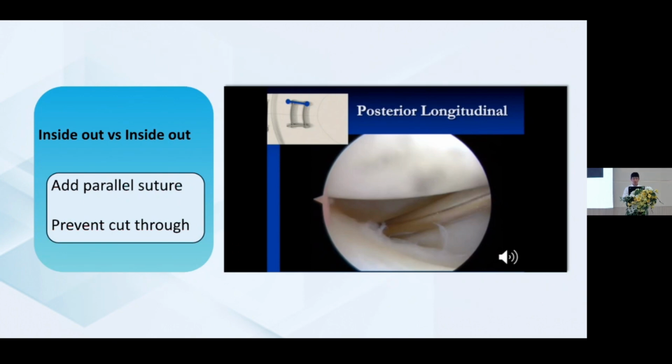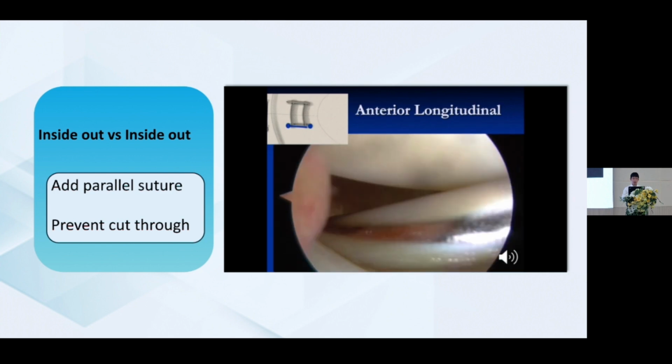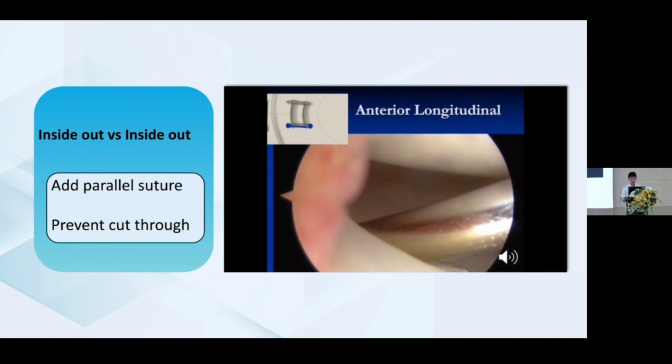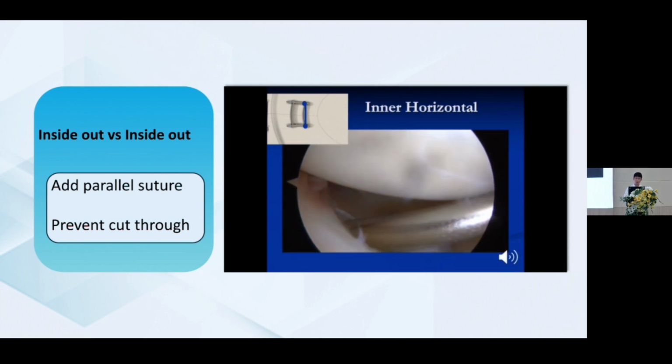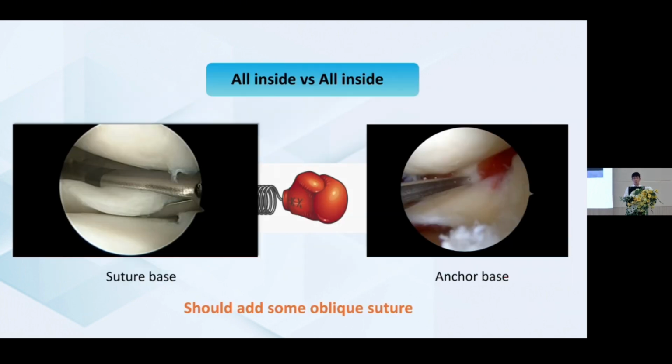For inside out versus inside out, they show that if you add a parallel suture like a rip-stop or the rebar technique, it will prevent the suture from cutting through and has better biomechanics compared with the technique that does not use it. And for all inside versus all inside, you should use suture-based better than anchor-based and should add some oblique suture or the rip-stop as well.